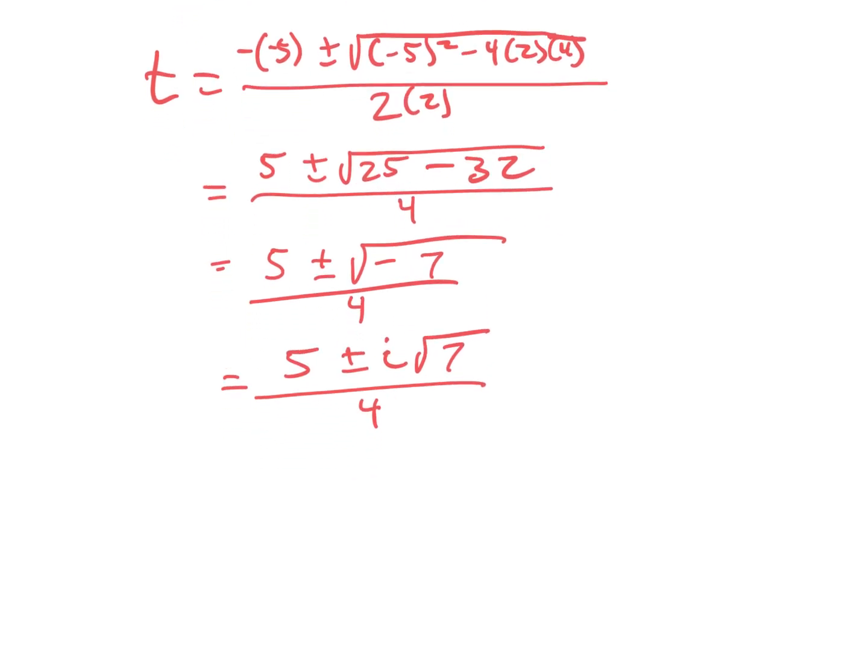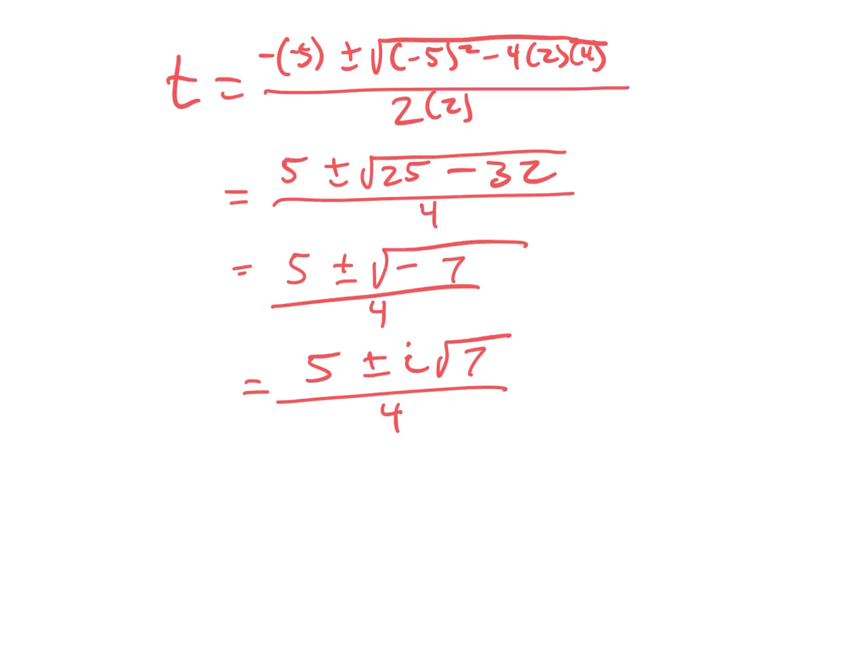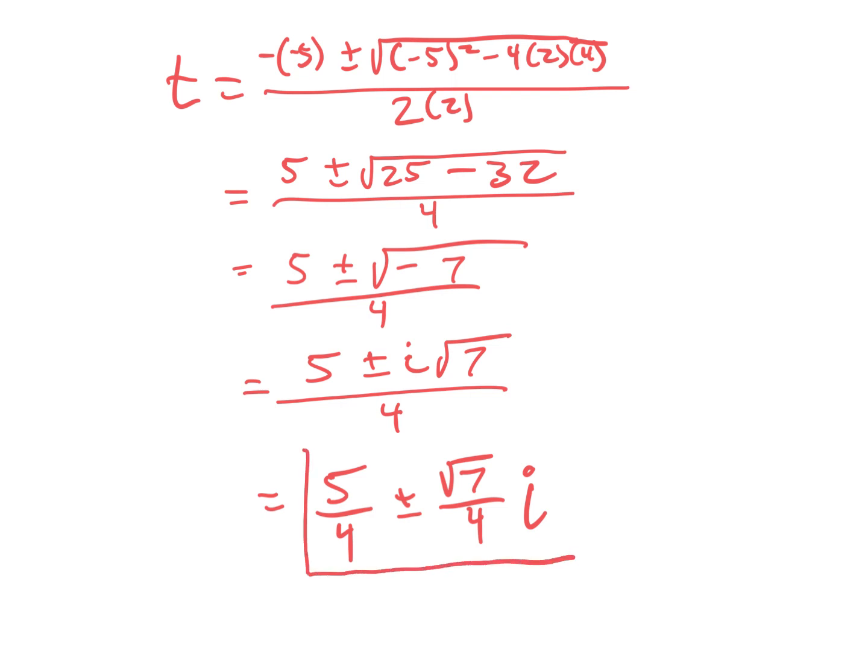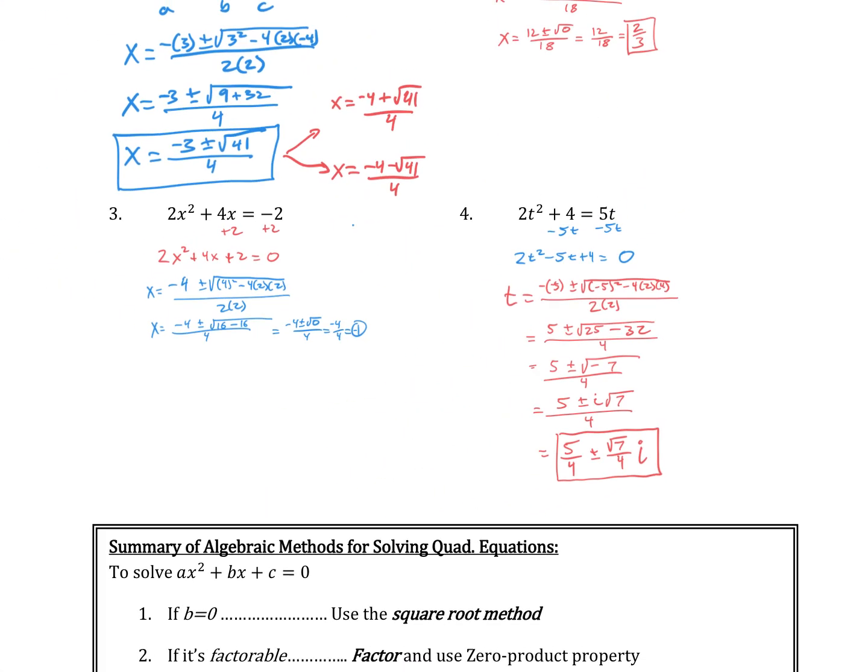Now, the last thing we might like to do, because it is a complex number, is divide both of these by 4. Divide the square root of 7 by 4, which is square root of 7 over 4, and we have i. And that's the form that we prefer to have complex numbers in. The standard form for a complex number, all right?